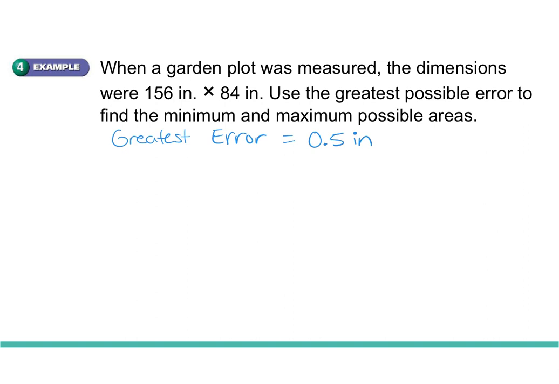So we want to figure out what our possible errors could be. So for our smallest length, if we had a half of an inch error, our smallest length could be 155.5 inches.